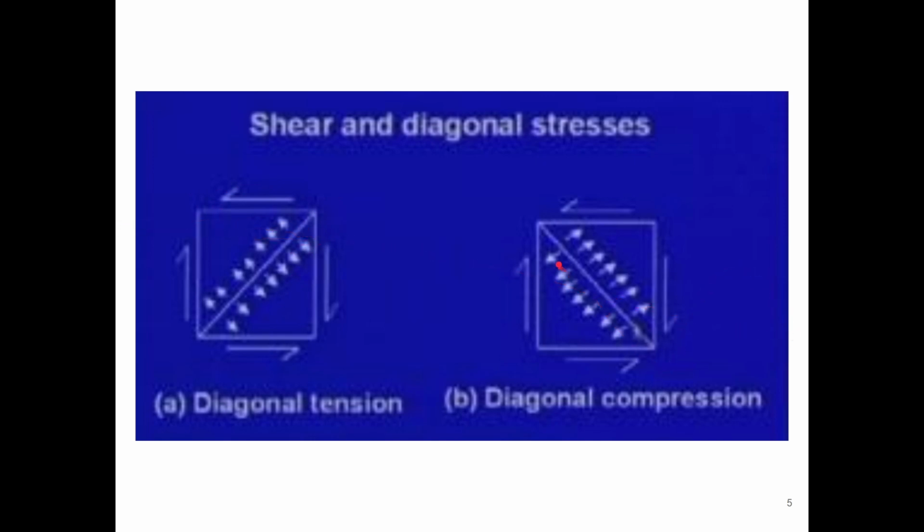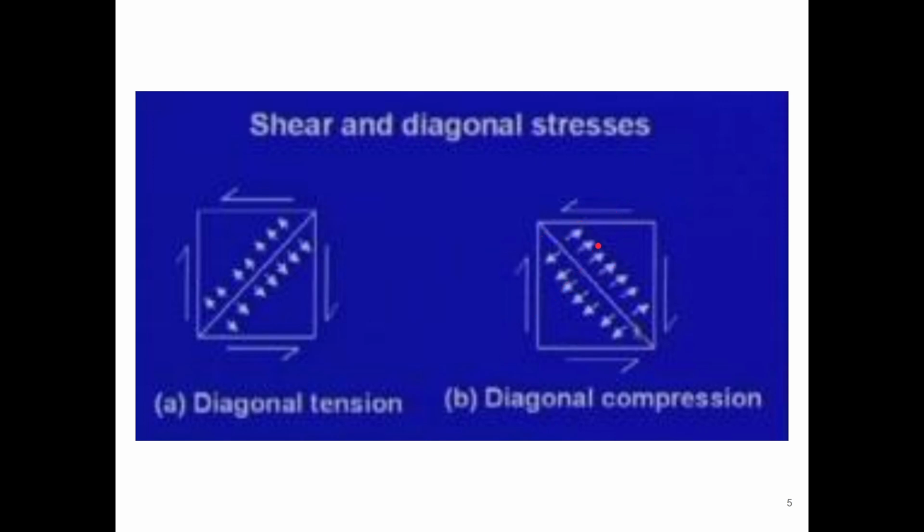But when the diagonal and the shear stress component are in the same direction, it is trying to compress the diagonal component. That is why it is called diagonal compression. It is not allowing it to move like this, instead it is acting the opposite.